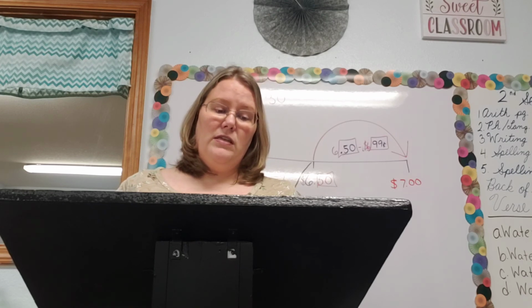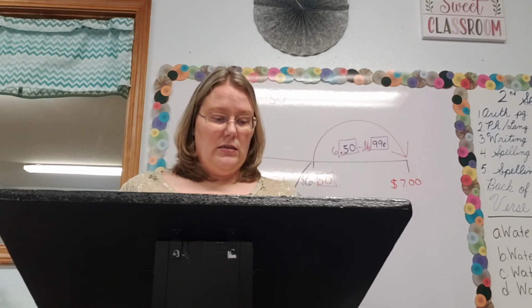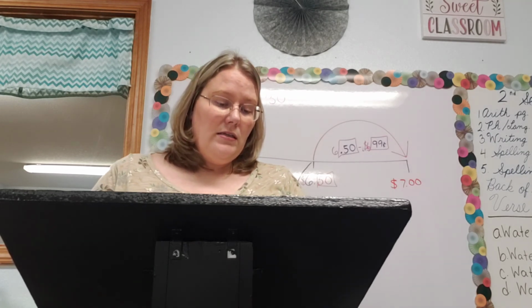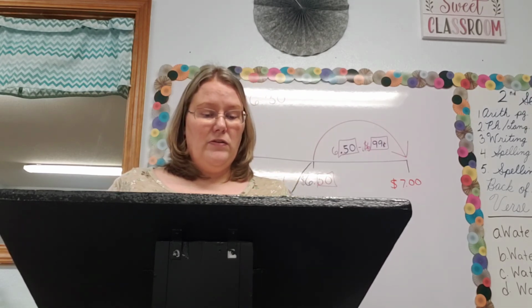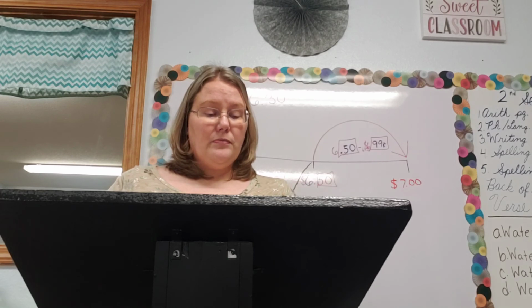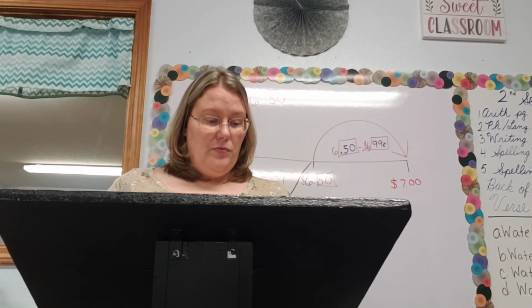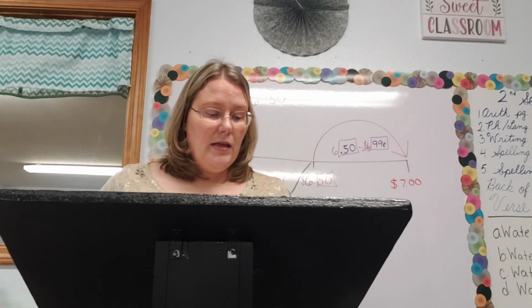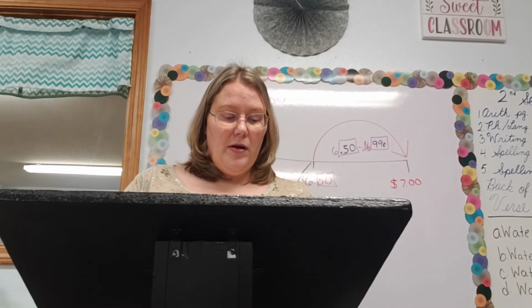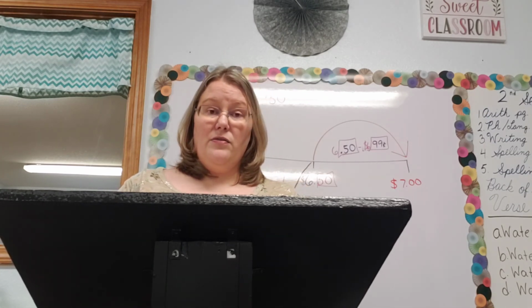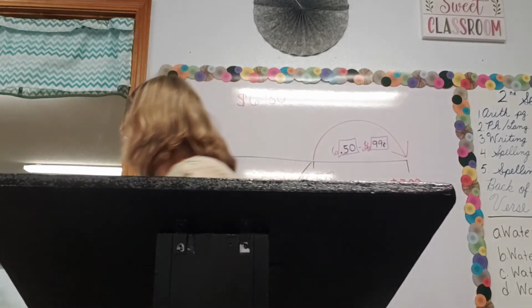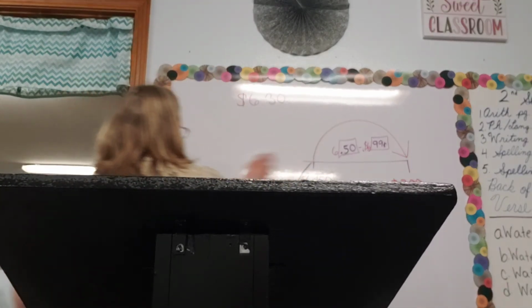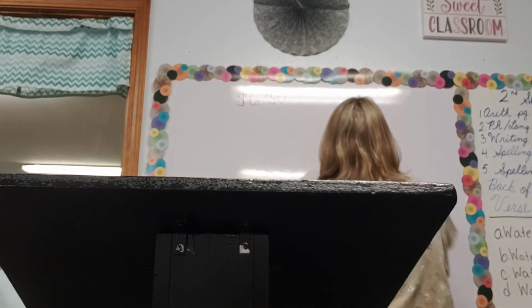And if there's 50 cents to 99 cents, round to the next dollar. So number 1 says mark the circle under the correct rounded amount. So you have to figure out which one the amount is going to round to. Okay. I would like to do number 2, solve the story problem B together. It's got several steps, so I'd like to do it together. So let me erase the board and get it ready for our problem.